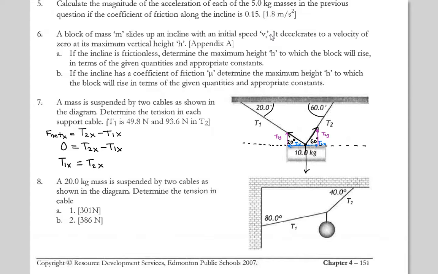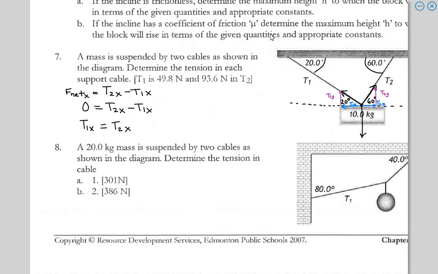So this first one, T1x, is going to be tension 1 cosine 20, and tension 2x is going to be tension 2 times cosine of 60. And that's your first set of information for what looks like a system of equations.